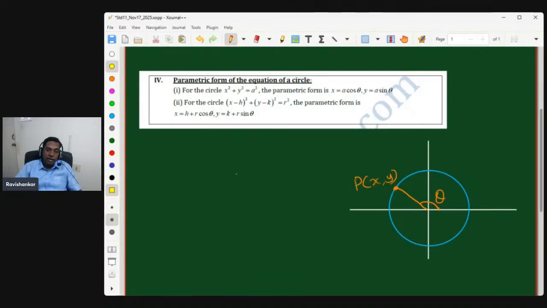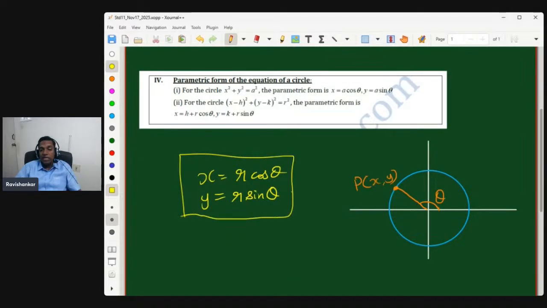If the angle made here is theta, x is r cos theta, y is r sin theta. In fact, this is how we defined cos theta and sin theta for general theta. So here r is the radius, which is the distance from O to P. Now the parametric form is r cos theta, r sin theta, or a cos theta, a sin theta if a is the radius.